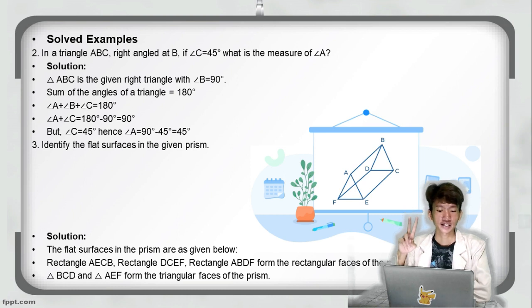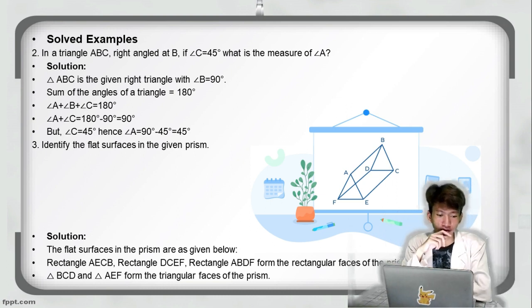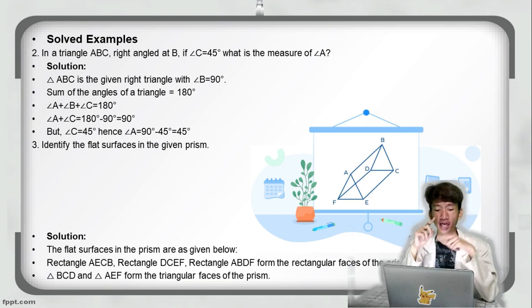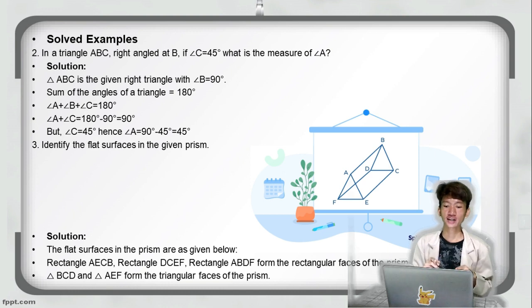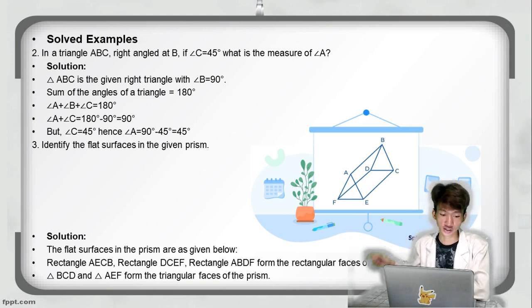Example number 2. In triangle ABC, right angle at B, if angle C is equal to 45 degrees, what is the measure of angle A? Solution: triangle ABC is the given right triangle with angle B = 90 degrees. The sum of the angles of a triangle is equal to 180 degrees. So angle A + angle B + angle C = 180 degrees.